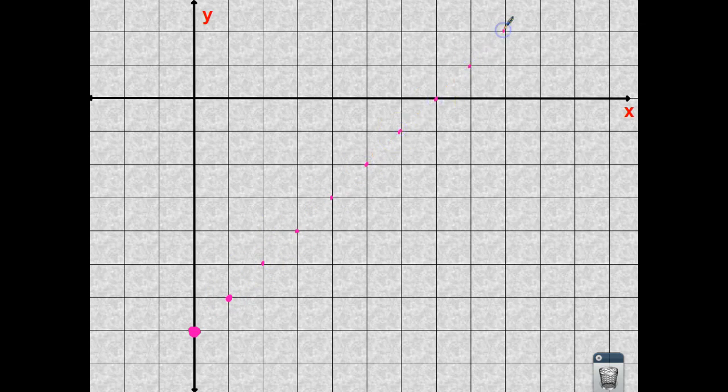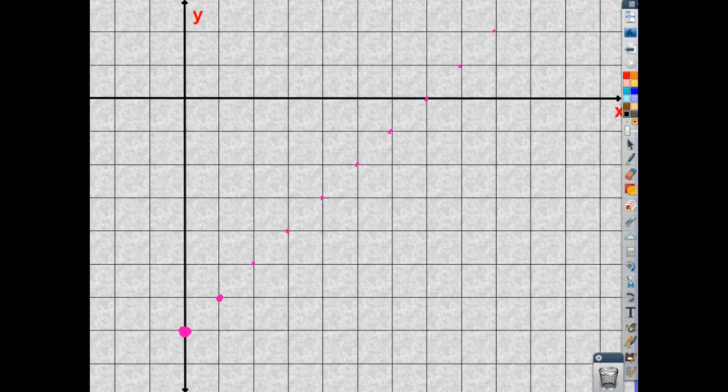Let me get a line out of here for you. We'll get rid of all those markings. So let's go pink. Looks good. Maybe extend it here.